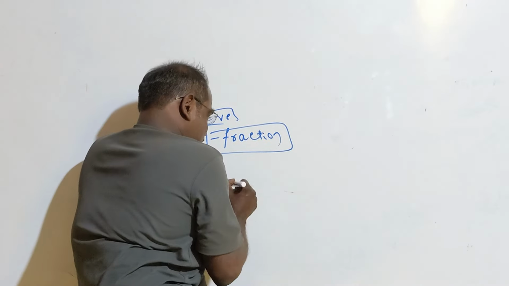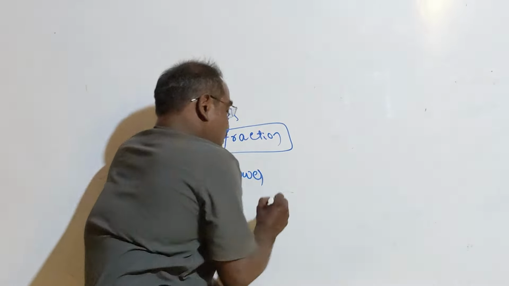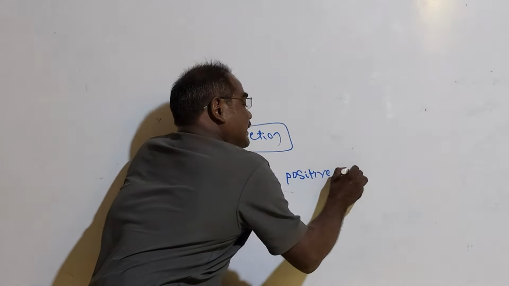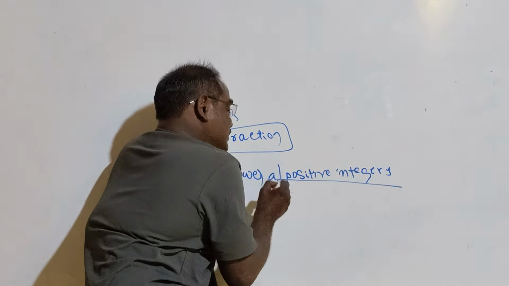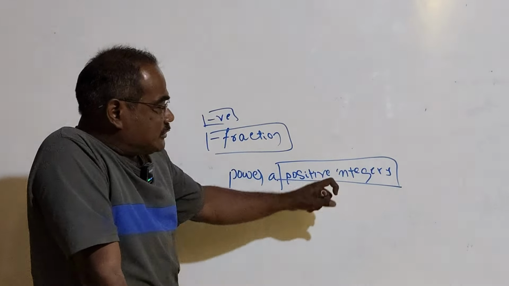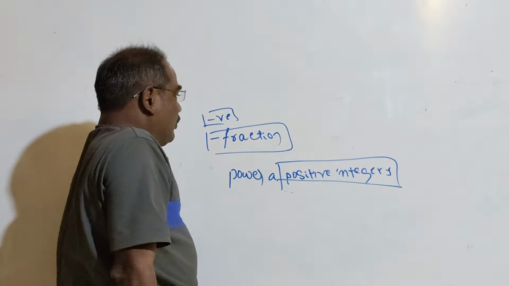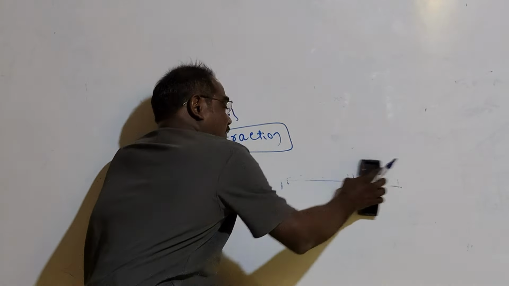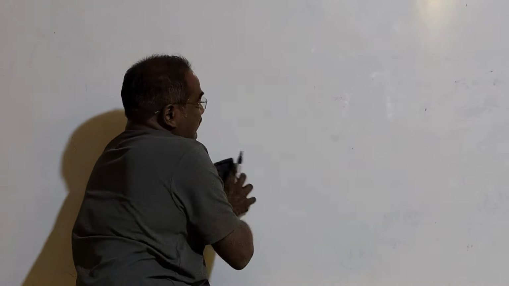The power must be a positive integer. If the power is a positive integer, then it is called a polynomial. Now you come to know what a polynomial is, in what case we can say it is a polynomial, and in what case we cannot.